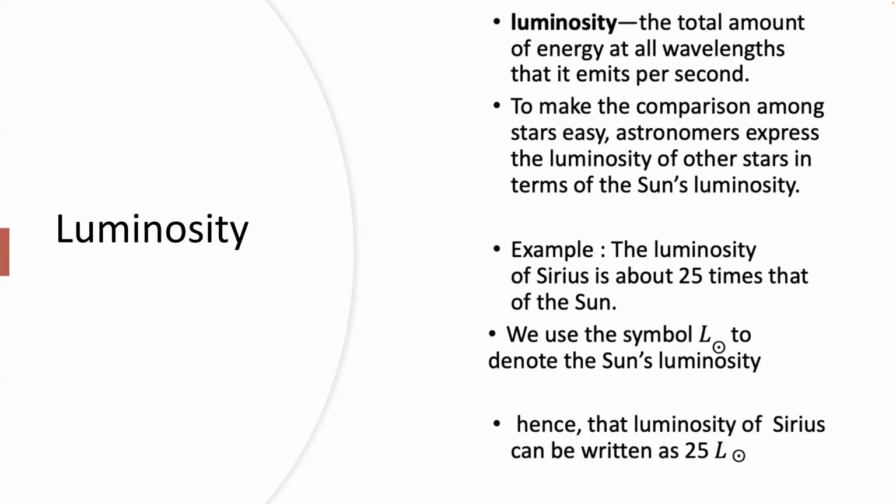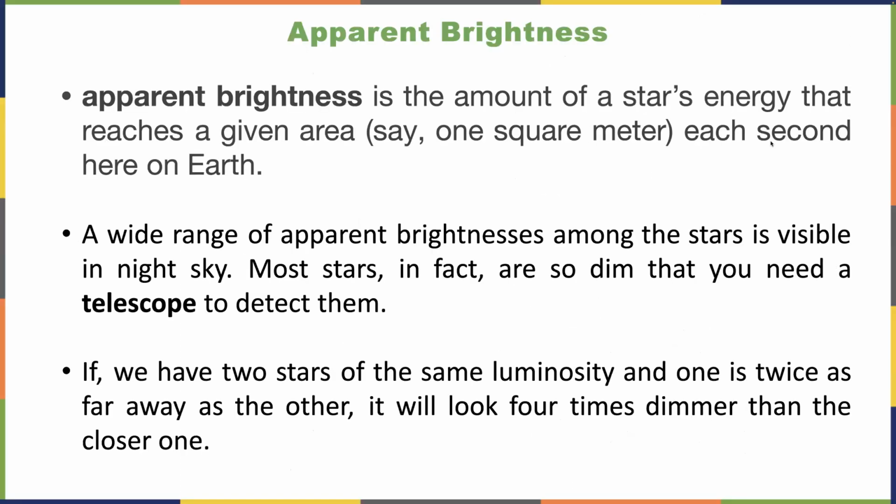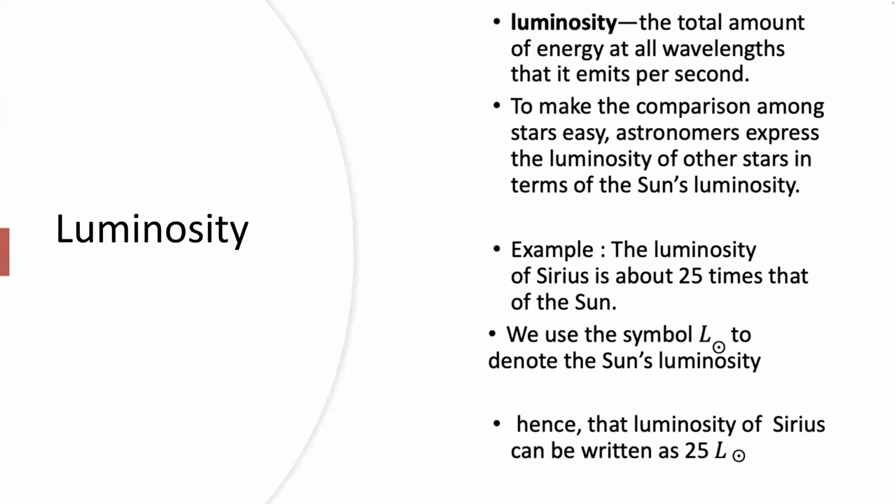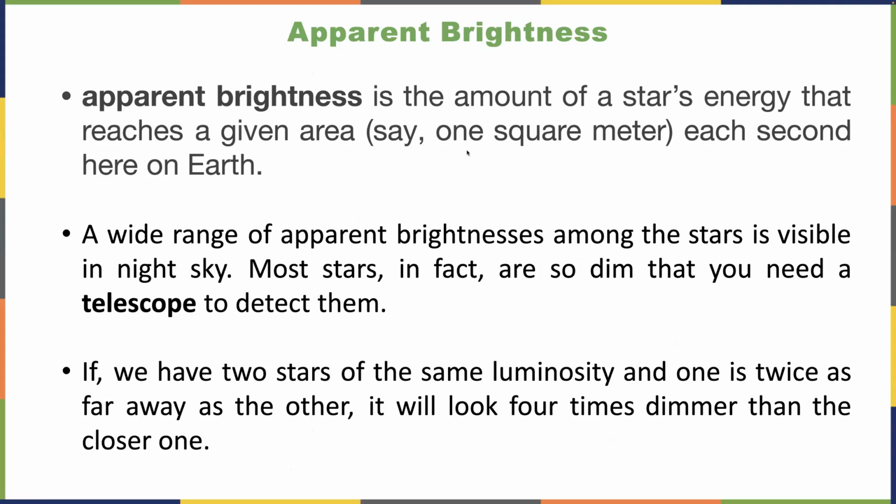But in terms of the luminosity, the sun is actually not the most luminous one, right? It is brighter for us because it's so close to us. So that is the reason, right? Now, having that in mind, let's look at how we define the brightness of a star, right? The previous slide was about the luminosity.